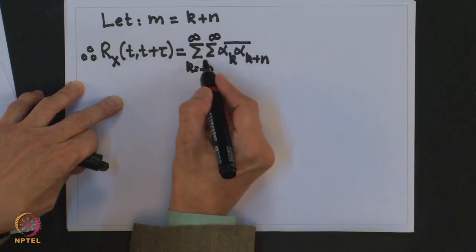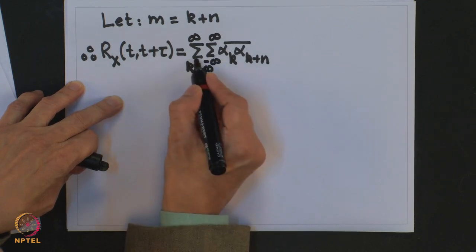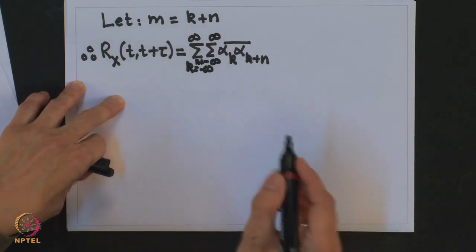Both k and n are being summed over minus infinity to plus infinity.